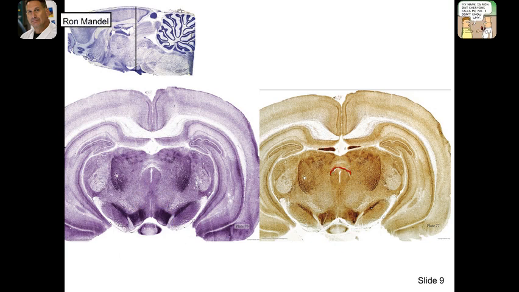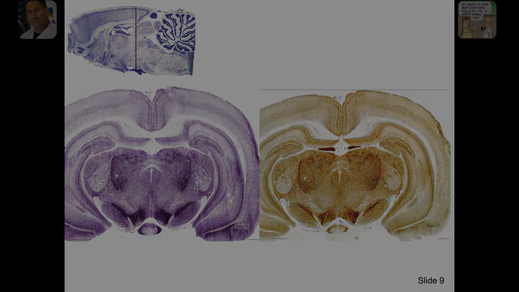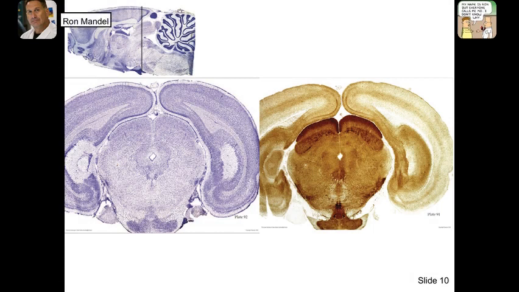This white matter here, going across the brain, is the posterior commissure. We're in the mesencephalon now. This is the cerebral aqueduct. This is the superior colliculus, or the rostral colliculus.